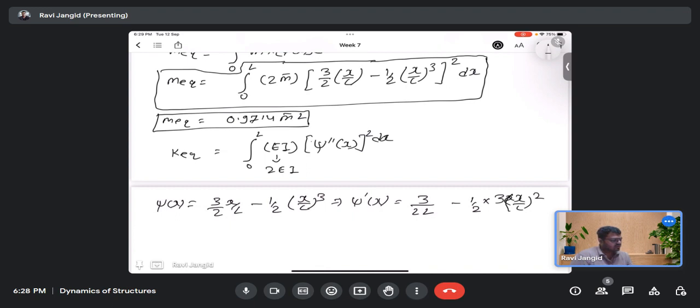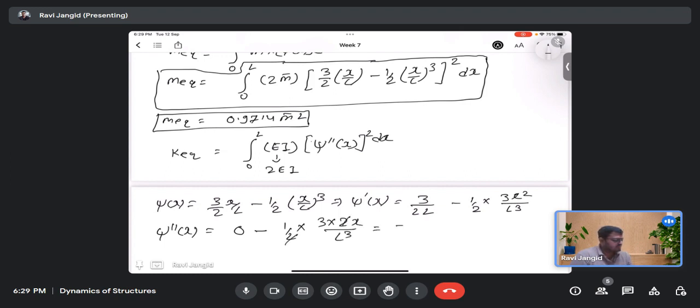Okay, no, I think it is wrong. So that would be 3x² over L³. If you do the double derivative, this will be coming out to be 0, and this will be 1 by 2 into 3 into 2x over L³, so that will be cancelled out.